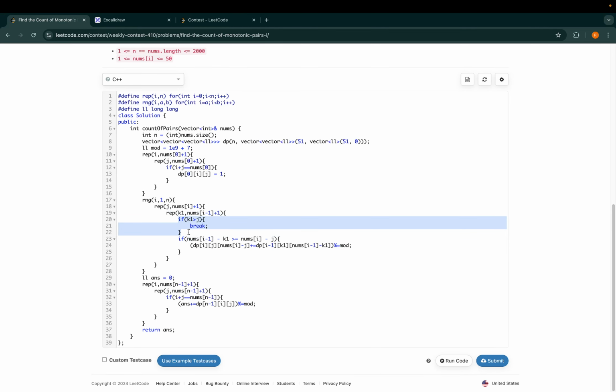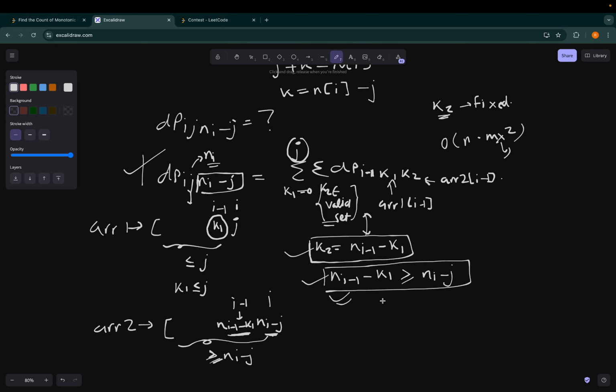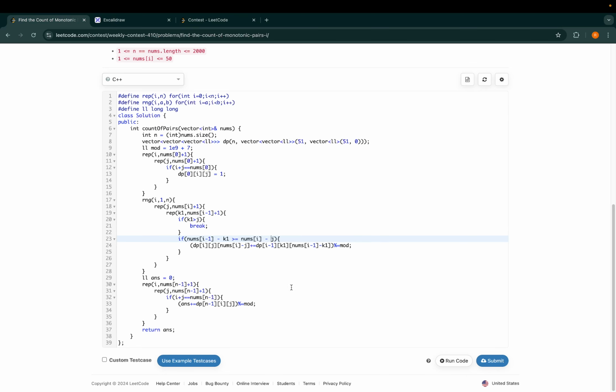If k1 is exceeding j, then break, and else, if this condition is met, basically this condition that we discussed, then just increment that answer. So put j here, nums of i minus j here, and then increment that much answer from the dp. So put k1 and the k2 which is corresponding to k1, just add that. So yeah, that's this loop. And then if you do this dp, at the end you have to calculate the answer also. Similar to what you did in the initial state, you just do it at the final state.